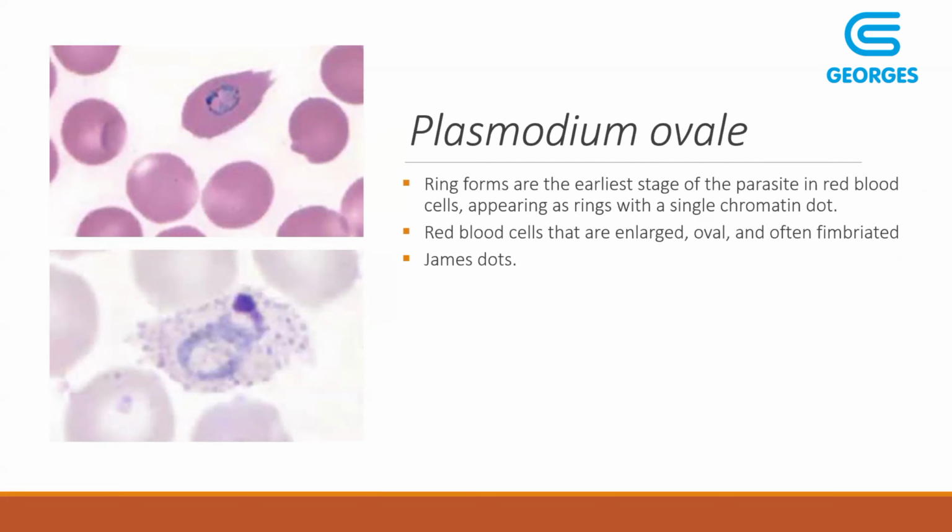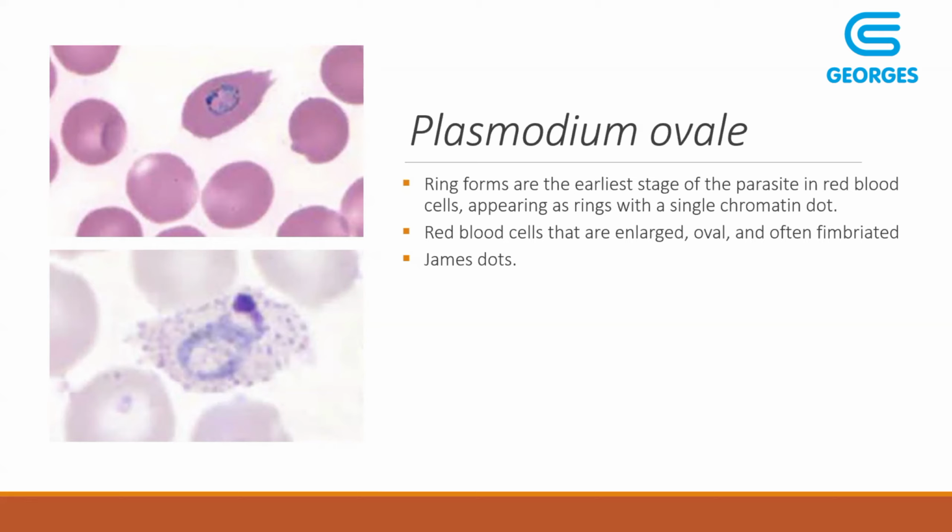The top right is fimbriated. You can clearly see those fimbriations at the end of that RBC. You can see one parasite inside a cell. On the other side, we saw multiple parasites inside the cell. And then we can also see the James dots on the bottom image. You can see there are quite a number of dots inside the RBC.